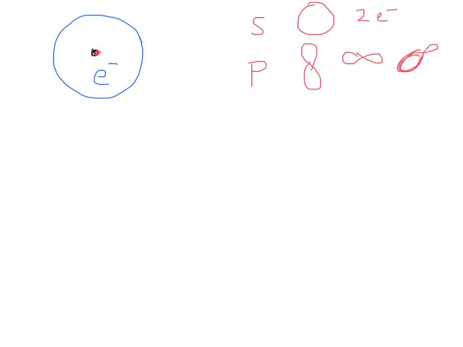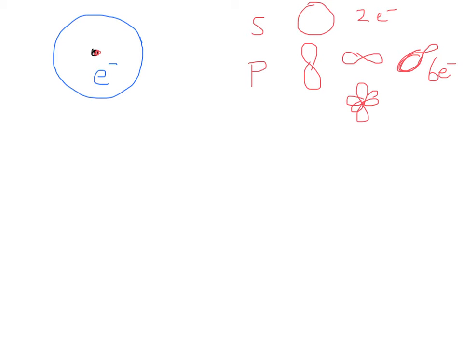So the 3 of them more or less go together to look like this, where there are lobes sticking off in every direction. But if you count all of those up, you'll find that with any given p subshell, that is this mixture of p orbitals, we have 3 p orbitals in more or less an x, y, and z orientation. Therefore, since each orbital can fit 2 electrons, we can fit 6 electrons into a p subshell.